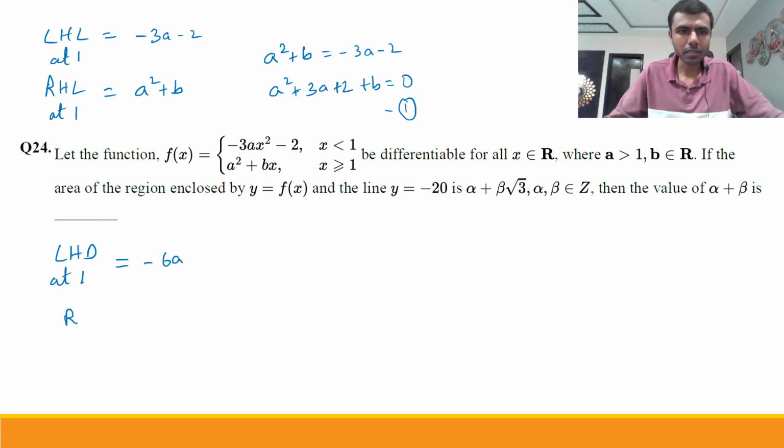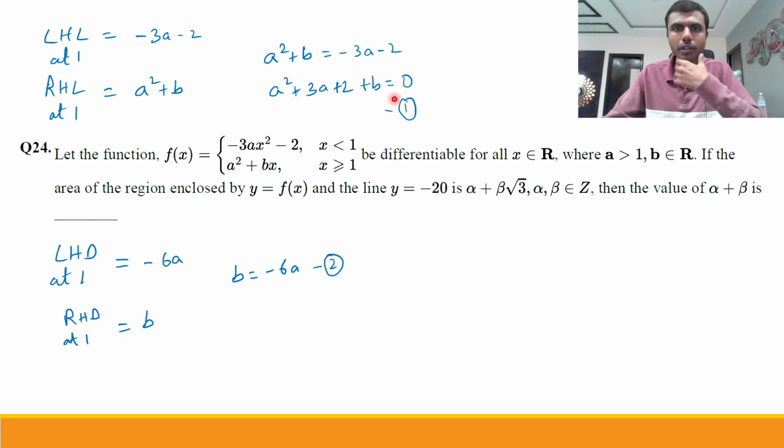What is RHD at 1? Just differentiate this, it would simply be b. So LHD equals RHD, so b equals minus 6a. Mark it as equation 2.